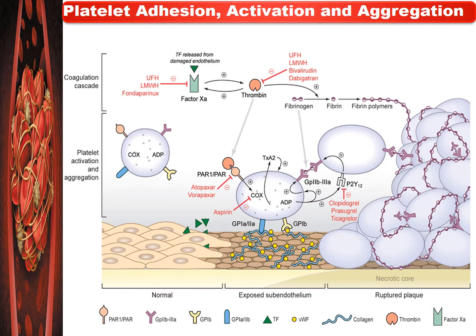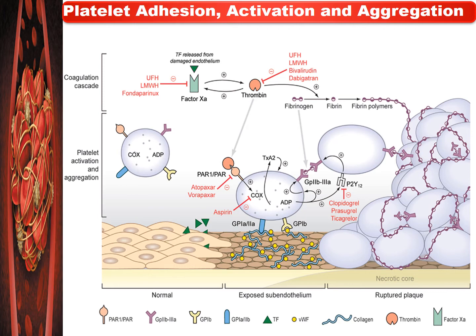The same platelet adhesion, activation and aggregation can be understood with the help of this simple diagram, where we can see the coagulation cascade, platelet activation and aggregation with the normal position of the platelet, and when it is exposed to the subendothelium and also the ruptured plaque. What happens?